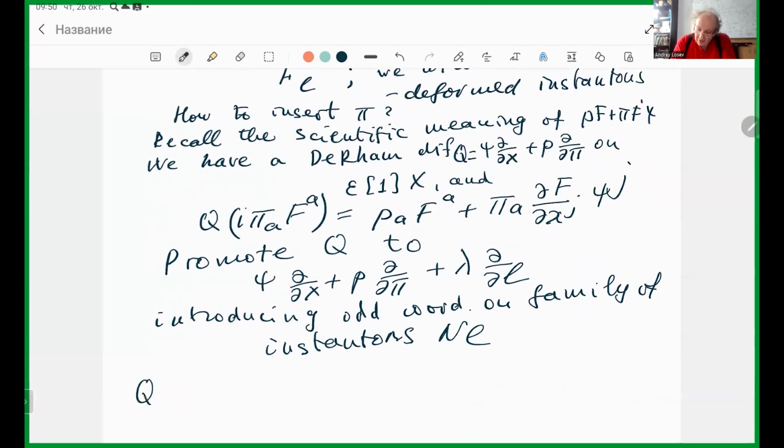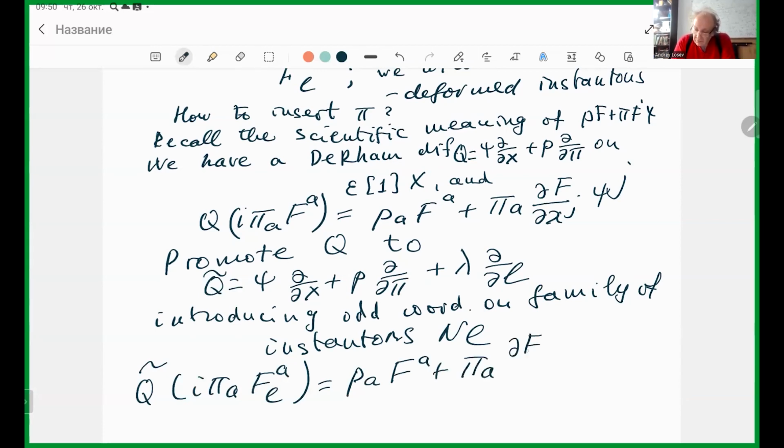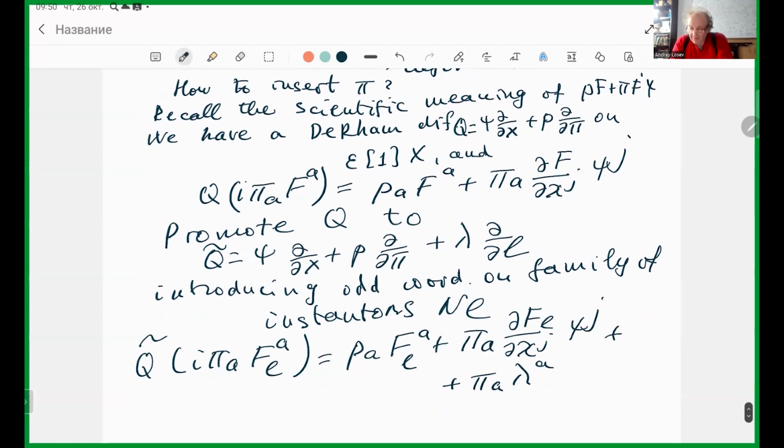So now q tilde is q plus an extra term. Okay, let me write it down in a scientific way.